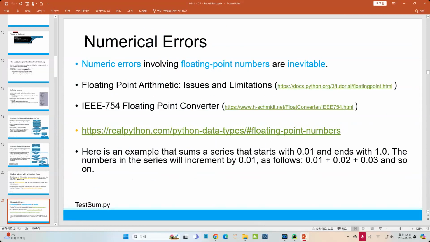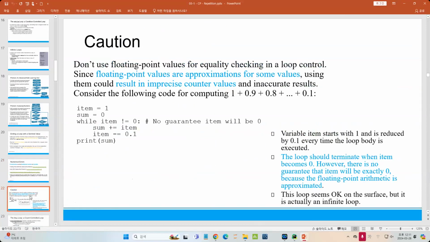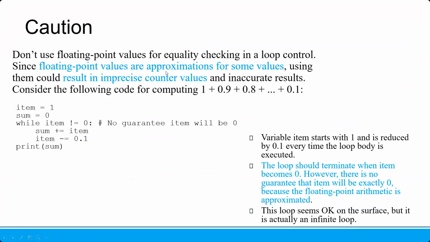Okay. So that's one of the, because this is the Gaussian. Whenever you use any mathematical functions, when you want to do the addition or the subtraction, please remember, do not use floating point values for equality checking.